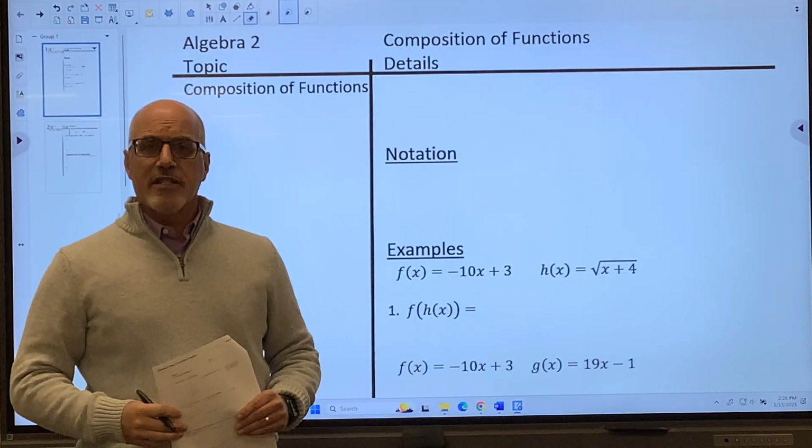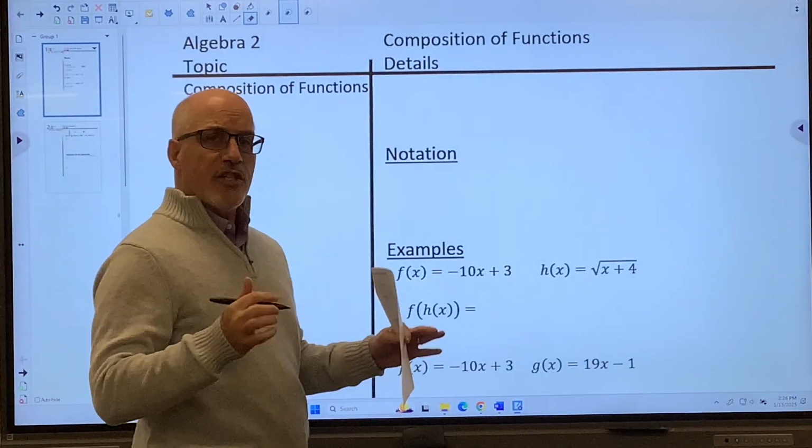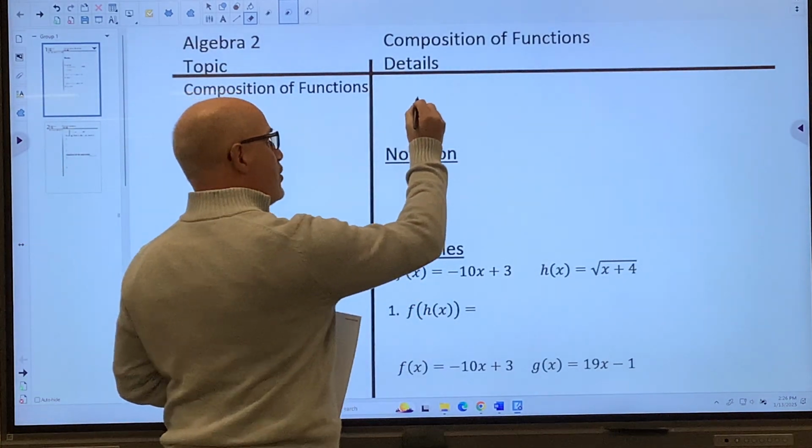The objective of this lesson is to use composition of functions. A composition of functions is where you substitute one function into another.